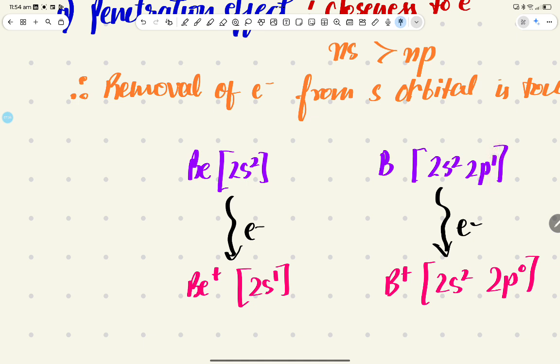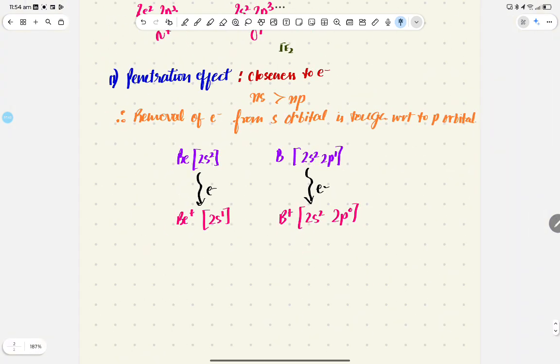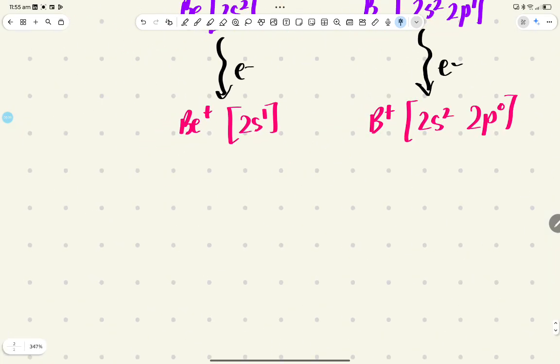You're going to get the electron out easily where the electron is in the p orbital, because the p orbital is far from the nucleus. So you get to know one thing: for the first electron, the ionization energy required in beryllium will be more than in boron.